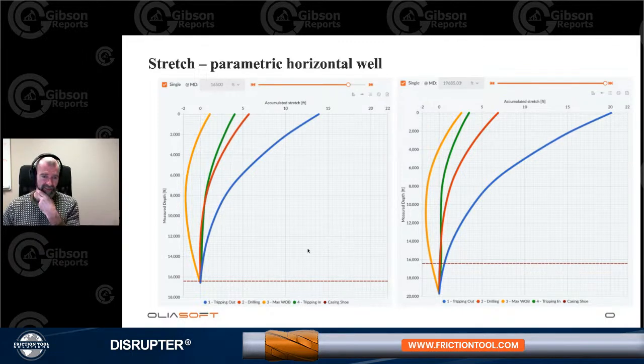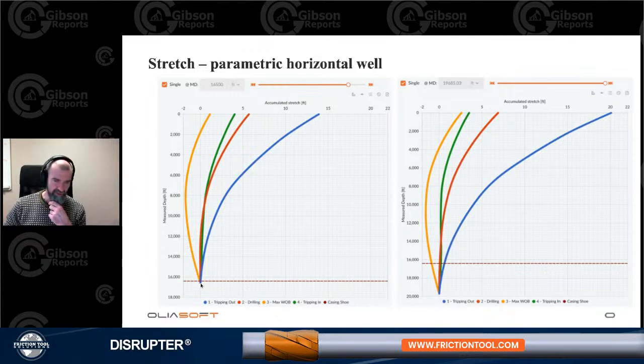We can look at it at two different points in the well. We take the parametric well here, and we look at the point just below the casing shoe. I skipped a couple of lines here to make it a little more clear, but we can see that both the tripping in and the drilling line lie pretty close to each other. I probably ran this down to this point.